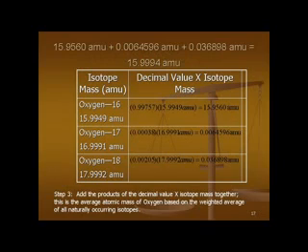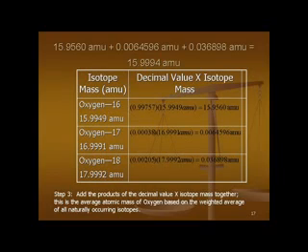Our third step, again look at the bottom of the slide for the step, is to add the products of the decimal value times the isotope mass together. This is the average atomic mass of oxygen based on the weighted average of all naturally occurring isotopes. Now the chart will look the same to you as on the previous page, but up above the chart I have taken the products of the decimal value times the isotope mass and added them together.